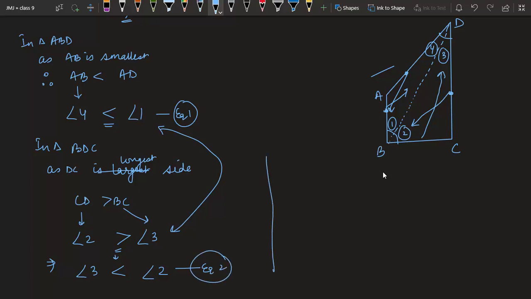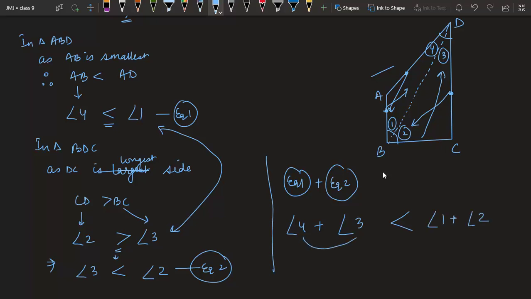Same procedure, we will add these two equations, equation 1 plus equation 2. What will we get? We will add the left hand side, that is angle 4 plus angle 3 is less than angle 1 plus angle 2.